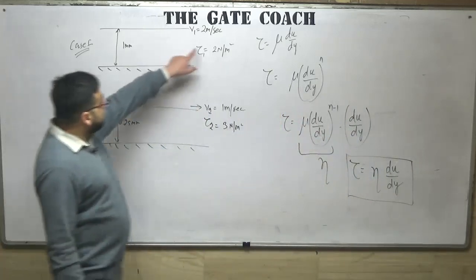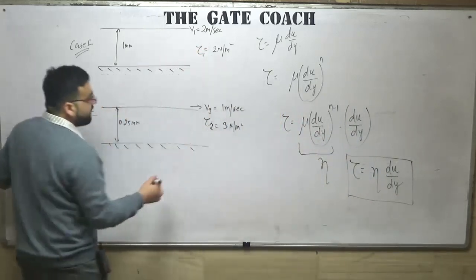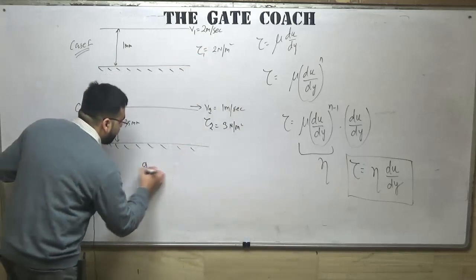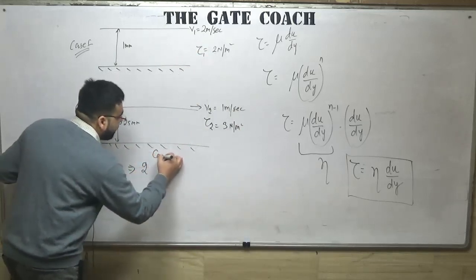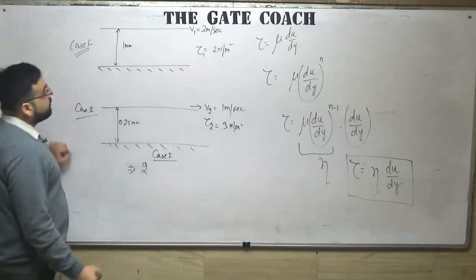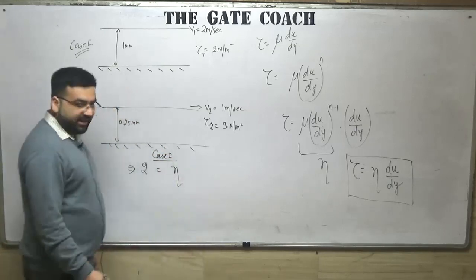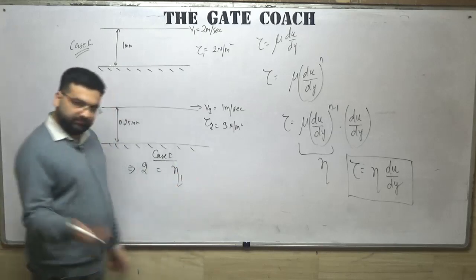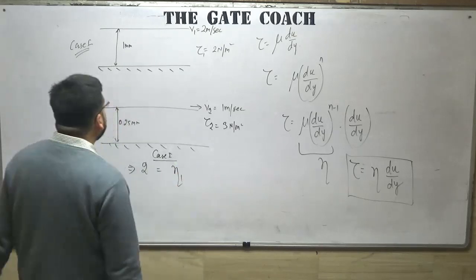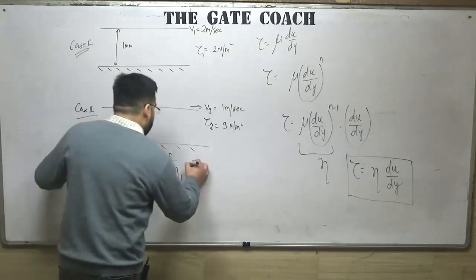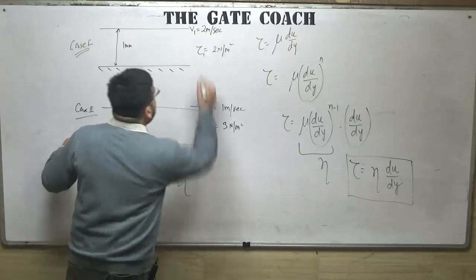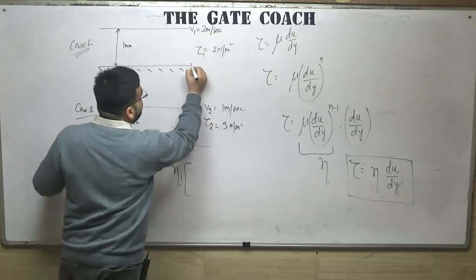So for the first case, how much is this tau? Tau is given as 2 for case number 1, right? Eta, I don't know how much this eta is. Let us say for case number 1, it is eta 1. Du, the change in velocity: it is moving with 2, the surface is rigid so its velocity is 0.